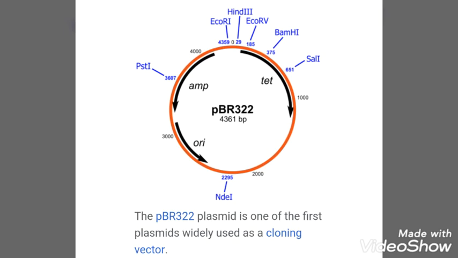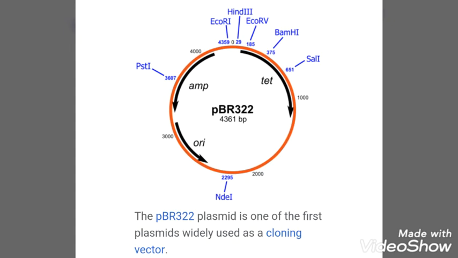So vector means a vehicle. It acts as a vehicle. In this diagram, this is the bacteria cell with the bacterial DNA. Along with the bacterial DNA, there is a ring-like structure, a plasmid, also present.